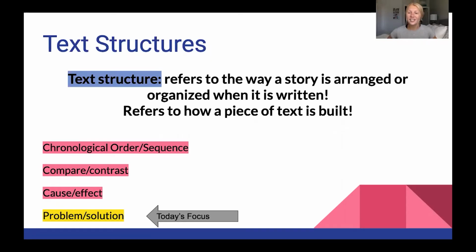These text structures we have focused on this past week are chronological order and sequence, compare and contrast, cause and effect, and today we'll be learning about our last text structure of the week, problem and solution. So today's lesson will be all focused around problem and solution.